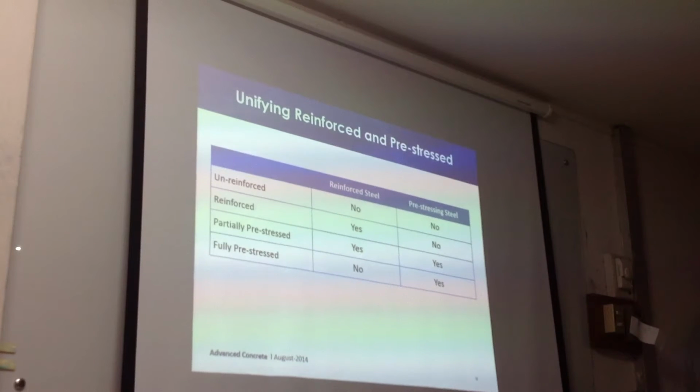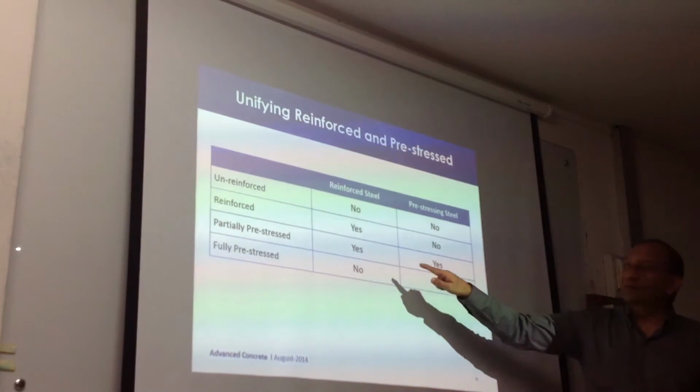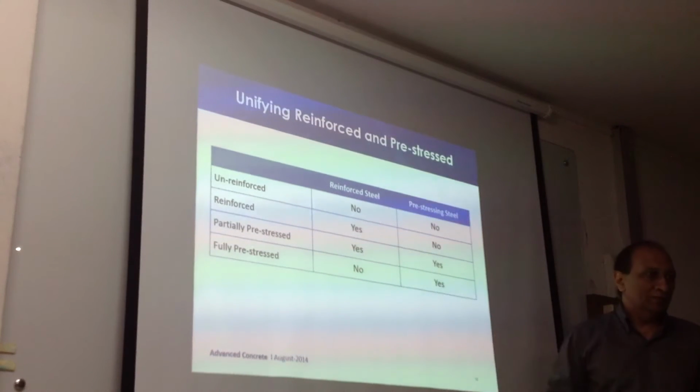So what is obvious from this table? We just consider a partially pre-stressed section and all the others are already included. Just set whatever is 0 to be 0. You don't need a separate book or a separate course for that. Correct? So we pick this one, and if it is an unreinforced section, we will simply put them to be 0.